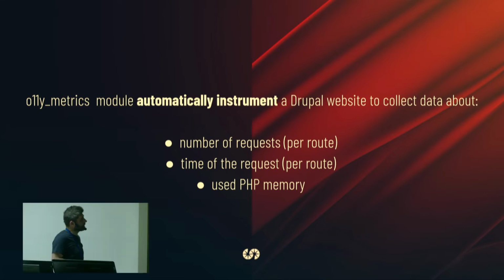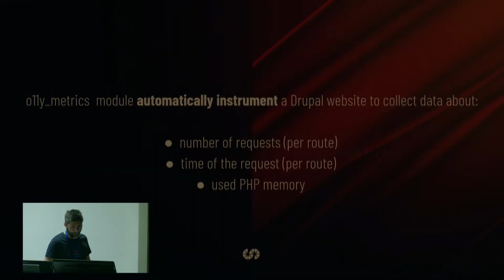And then the module automatically instruments some basic Drupal information. At the moment, we collect the number of requests per route, time of request per route, and PHP memory used, maybe also per route. So we collect this information every time a user reaches your website.